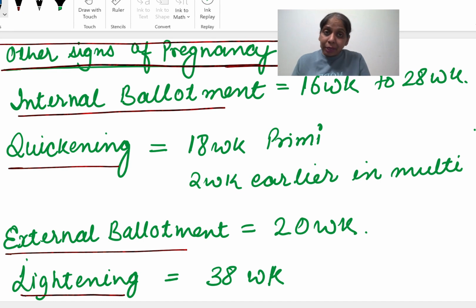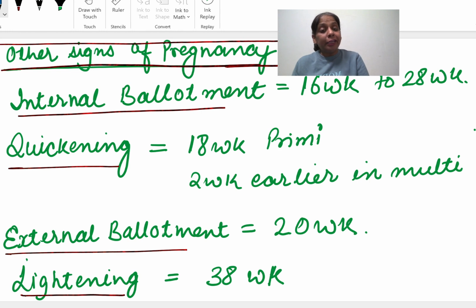So internal ballottement means feeling the fetal movement by stimulating the anterior cervix, at 16 weeks.